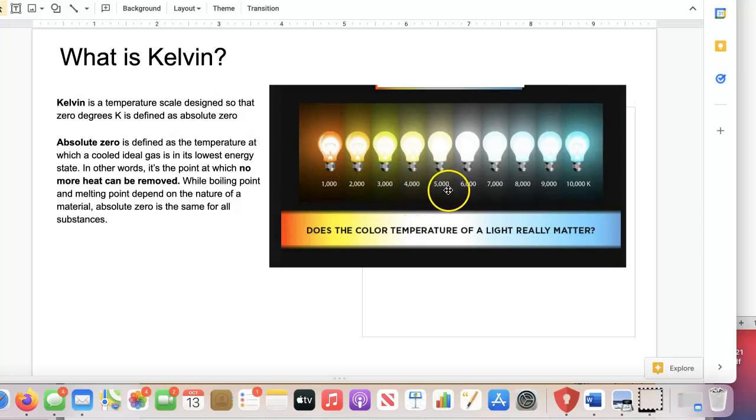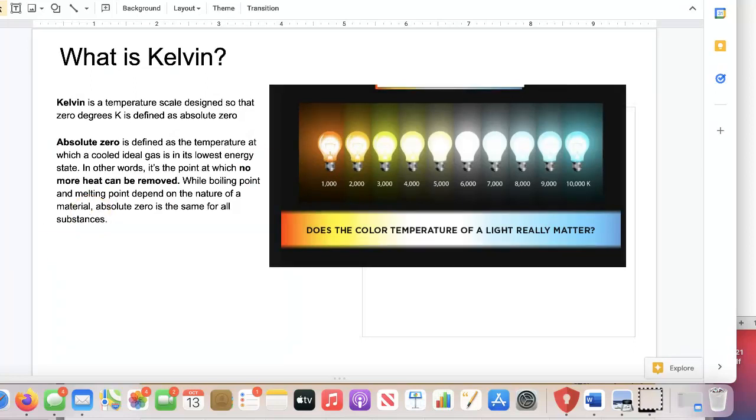We go up into the whitish one, 5,000, and then really hot light bulbs emit a shorter wavelength, 10,000 K. So that's just a little information for you if you go to buy light bulbs and you want to get a warmer color, or not warmer, it's actually a redder color, which is actually cooler. That would be a lower temperature in your Kelvin.